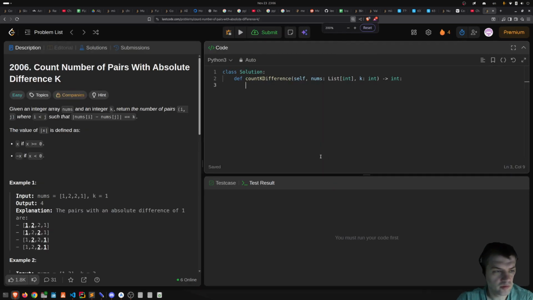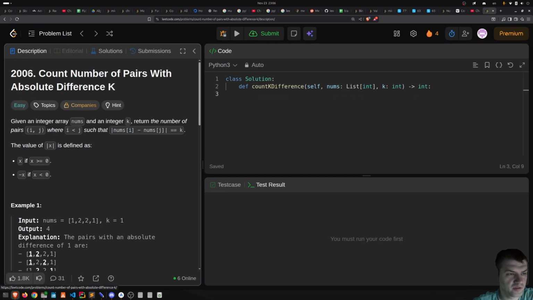Okay, so now the task is 2006, count number of pairs with absolute difference k.